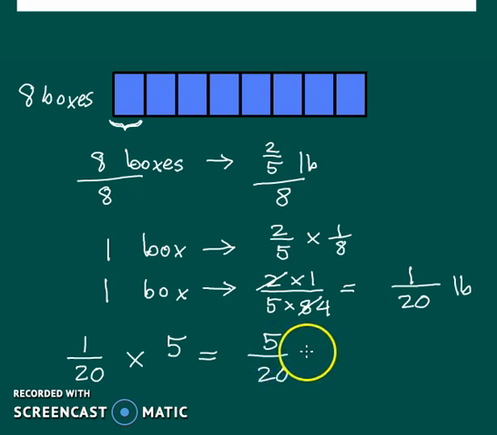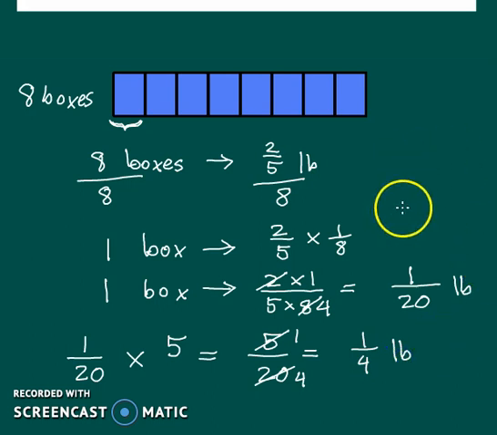And I can simplify this. Because 20 is divisible by 5, I'll divide the numerator by 5 and get 1, and when I divide 20 by 5, I will get 4. So the answer is 1/4 of a pound.